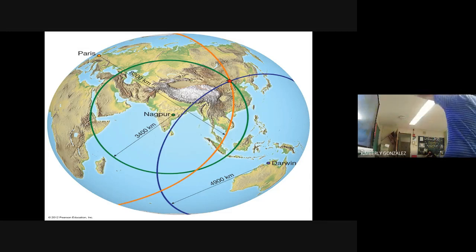You draw a circle that has that radius on a map, of course. You can't just randomly draw a circle on a piece of paper. You have to use an actual map. Okay? And the point on the map where the 3 circles from the 3 stations touch, which is the little red star that you see right there, that would be the location of your epicenter.